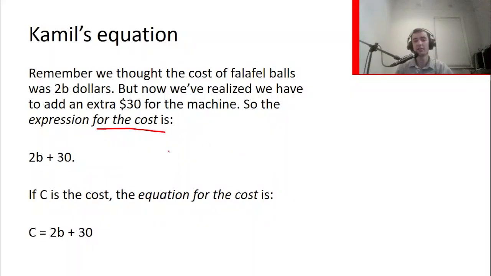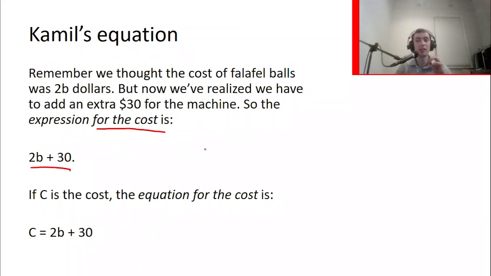What that means is this expression that we write down here tells us what the cost is. So we can say how much does it cost to make a certain number of falafel balls. This is how much it costs. That's our expression. And why have we said 2B plus 30? Well, if you're going to make any falafel balls at all, you have to pay $30 because you need the falafel ball machine.